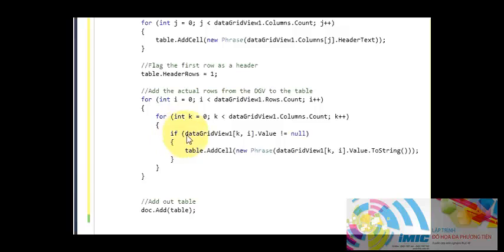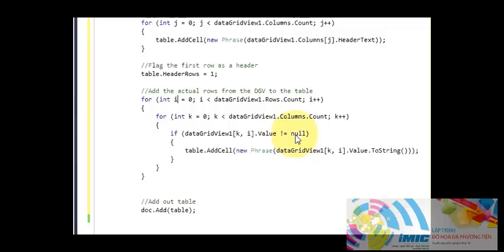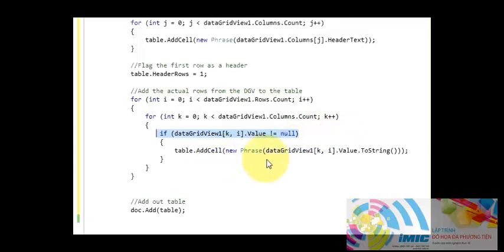So write if dataGridView in the array k comma i, which are these k and i variables, .Value is not equal to null. So if the data grid values are not null, then we are passing these values into the cell of the PDF table.